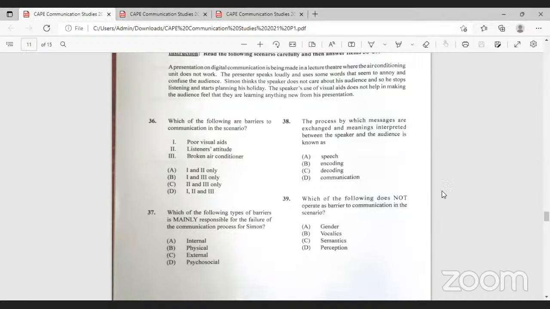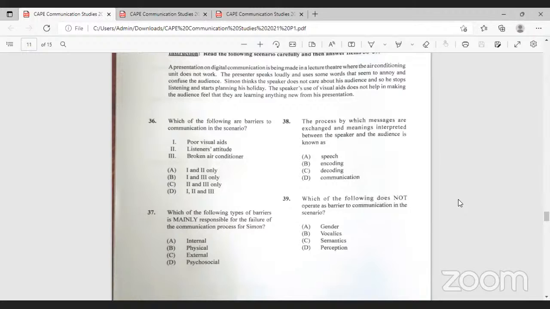How would we describe internal in this process? Internal would be like the people who are receiving it, like Simon and the classmates, students, that something internal to them is causing them to not be able to get the message, or something internal to the speaker.